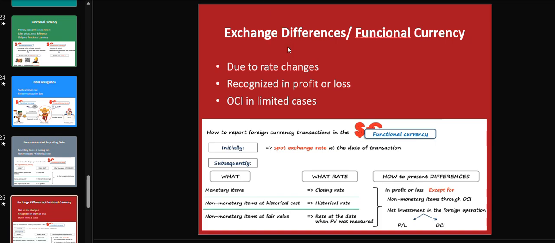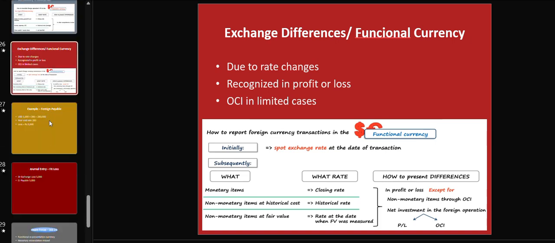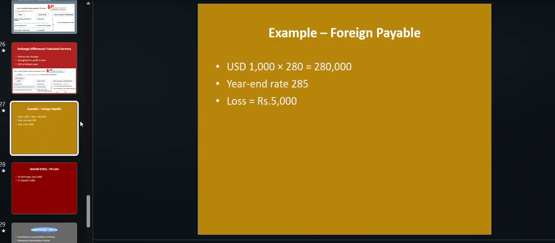Now we will try to understand IAS 21 through a short example. Let's look at a simple example. Suppose we buy raw material on credit for USD $1,000. On the day of the purchase, we suppose the rate is 280 rupees per dollar.